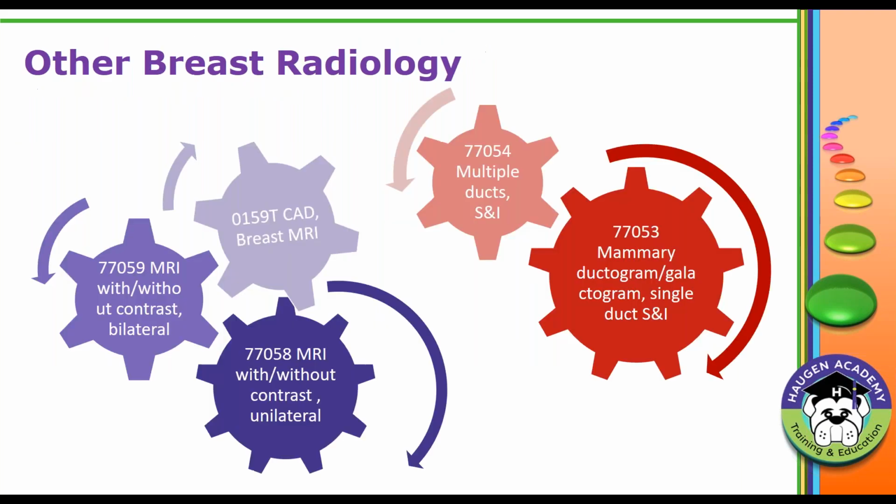Some other breast radiology that you might see. First, on the right side of the screen, you see 77053 for mammary ductogram. So 77053 ductogram or galactogram, that's for a single duct, and it's the supervision and interpretation part of that procedure.